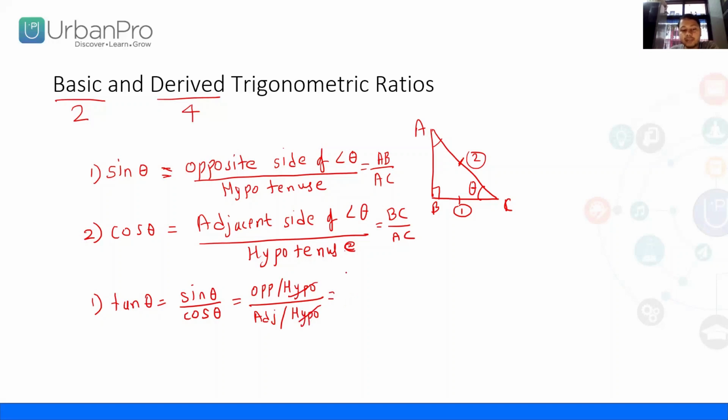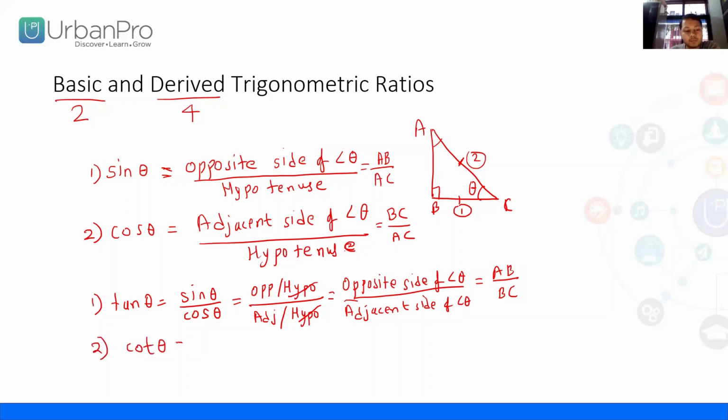So the hypotenuse will cancel and you will get the formula for tan theta, which is the opposite side of angle theta divided by the adjacent side of angle theta. Looking at this figure, the opposite side of angle theta is AB and the adjacent side is BC. So we have derived it from sine and cos.